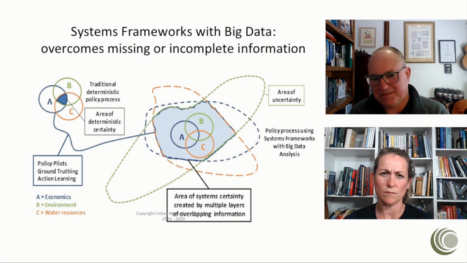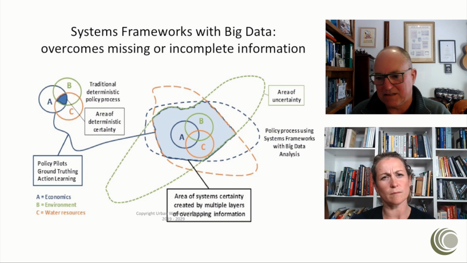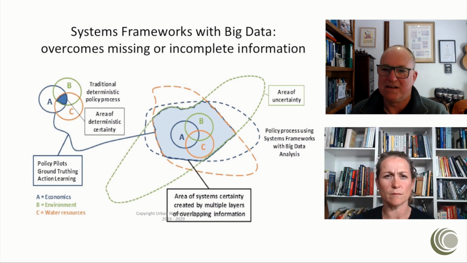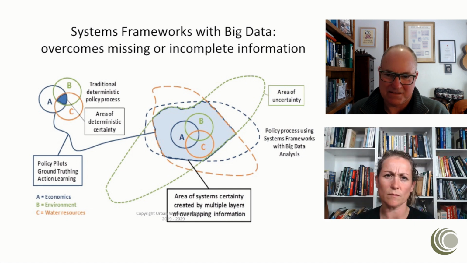So if you look at this slide, the circles where A is talking about economics, B is talking about environment, C is talking about water resources. And where those circles overlap, as I've coloured it in blue, is when the policymakers are deciding what works and what doesn't work for watershed management and water supply and so on.